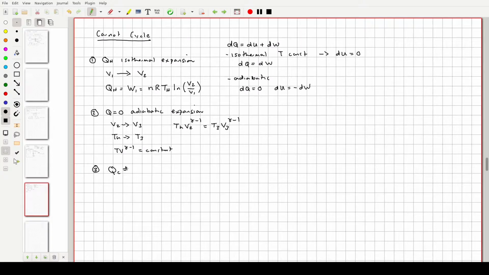So we're going to place it in contact with a cooler heat source and let that handle the work. So now it's doing work to it, right? So this is going to be W3. NR, I'm going to call this T sub C since this is our cold reservoir. Natural log of, now we're going to get to the volumes here in a moment. But what I would like to point out here is that T3 here is really just TC, okay?